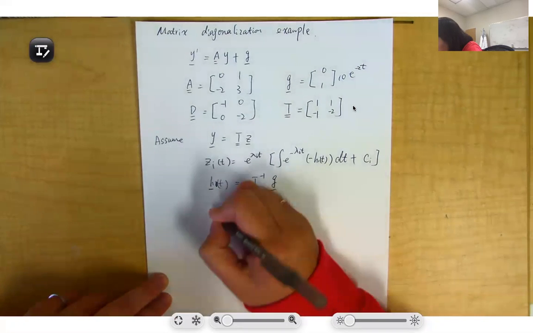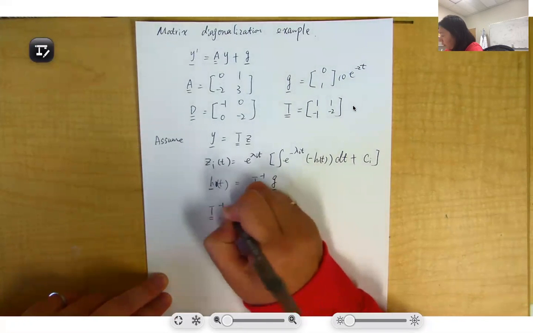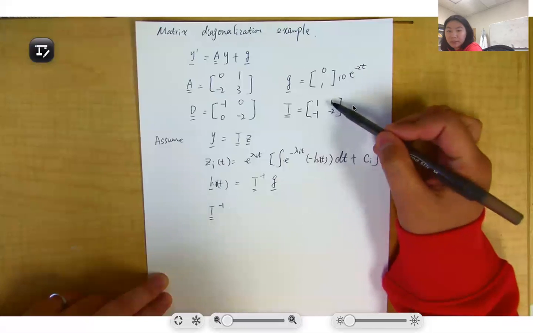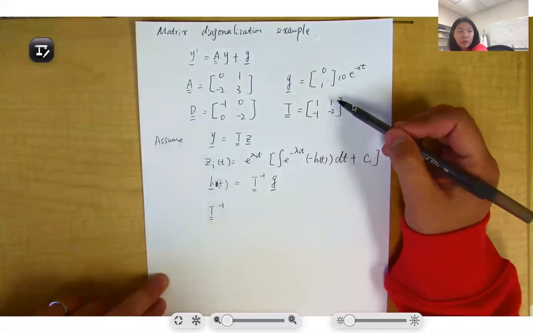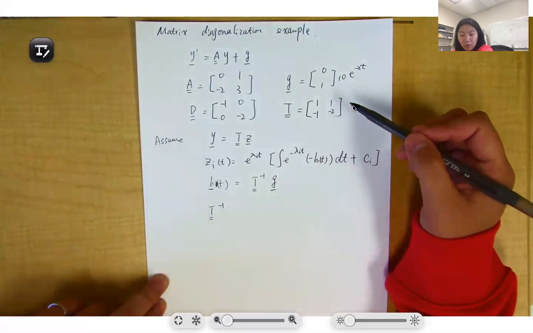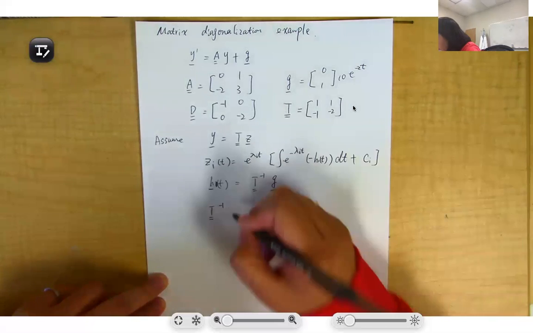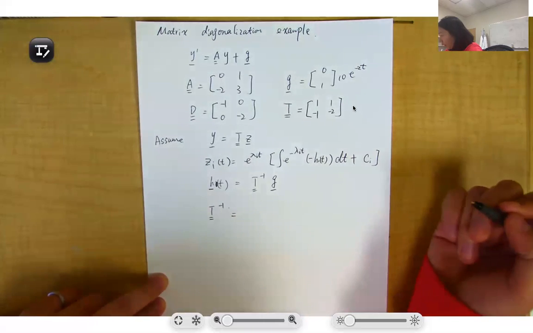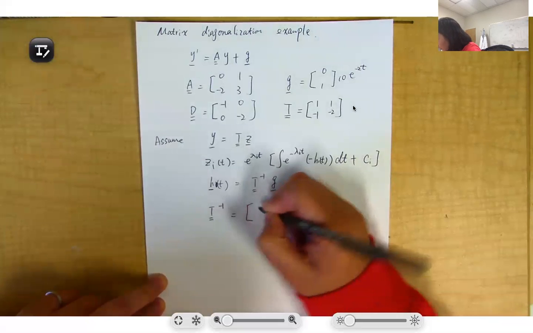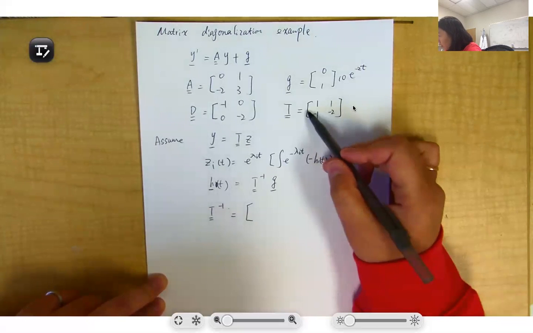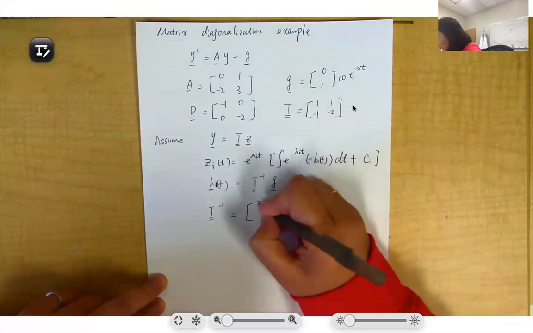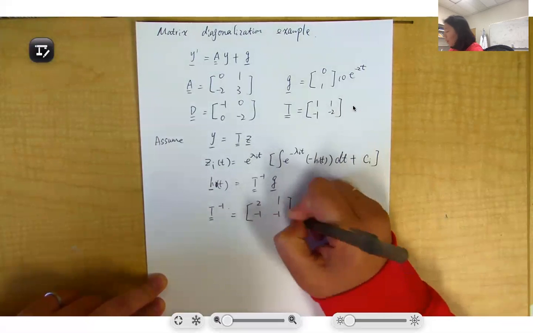T inverse is the inverse of this matrix. You can use either Gauss-Jordan elimination or the transpose matrix. We will just show the result here; you can do it later by yourself. So the T inverse of this modal matrix will be [2, -1; 1, -1].